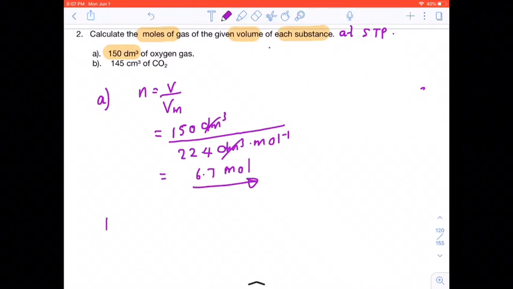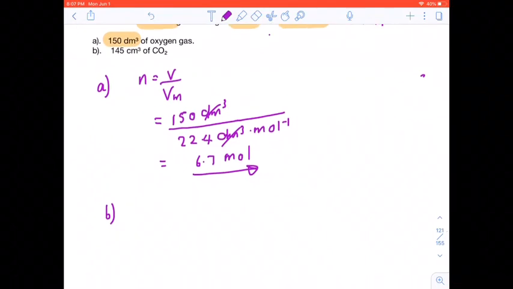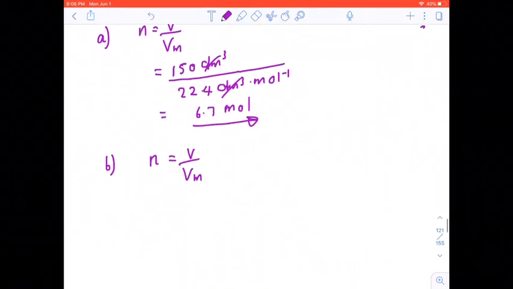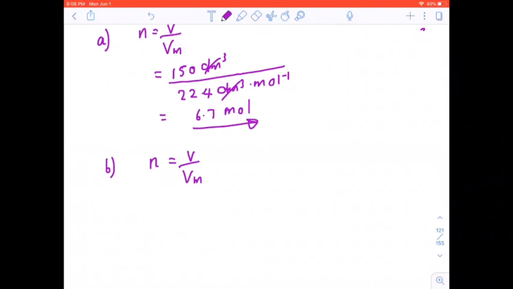All right, now let's look at the next one. B, we need to determine the moles in 145 cubic centimeters of CO2, carbon dioxide. So again, n is equal to V upon the molar volume of carbon dioxide, which is equal to 145 cubic centimeters.